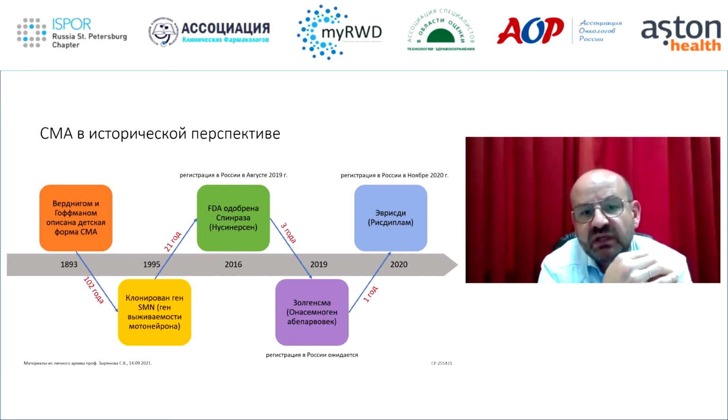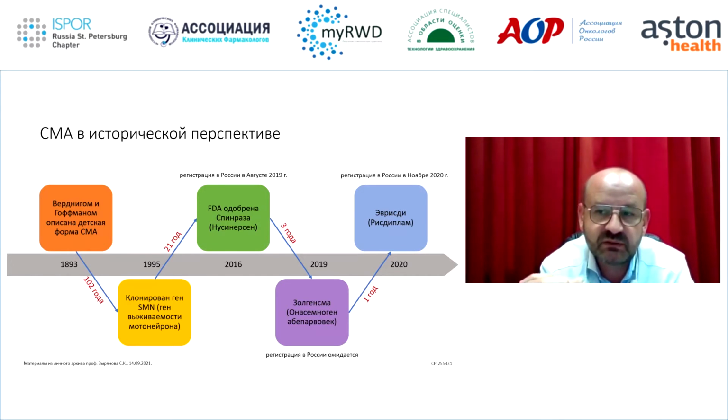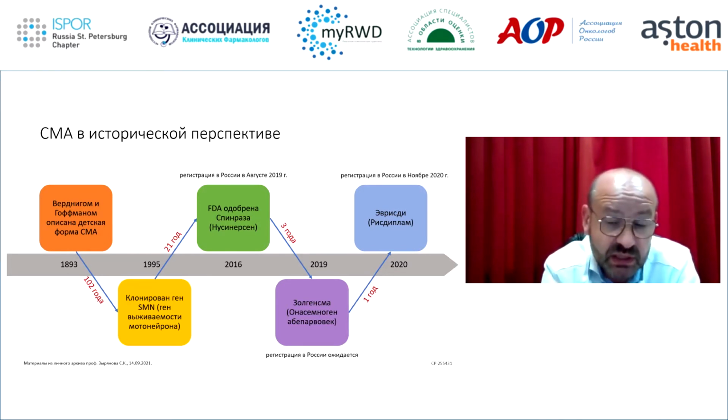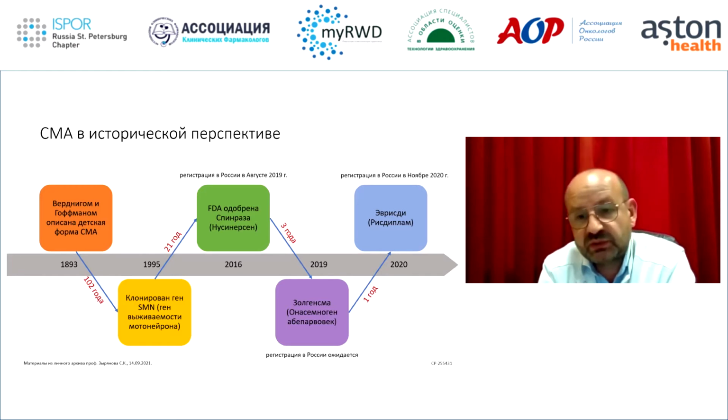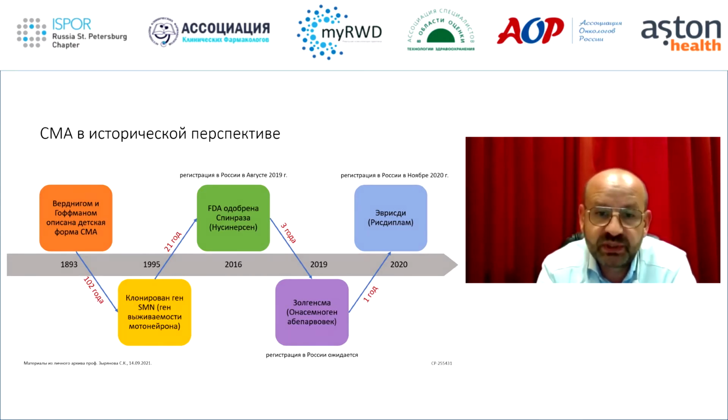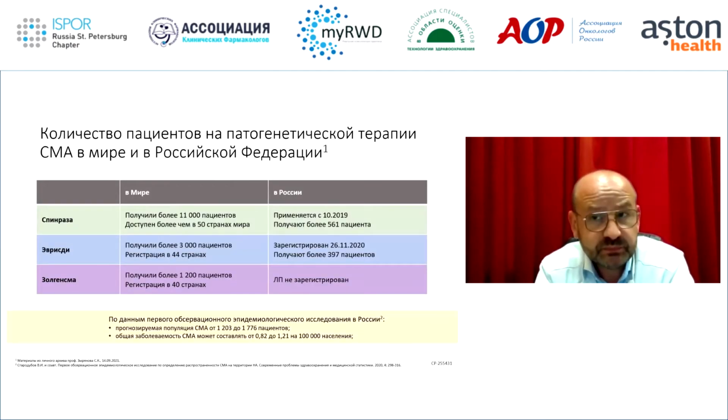This SMN gene was cloned, and as for the drugs to treat such patients, these drugs appeared on the market just several years ago, and out of these drugs, only two are approved in the Russian Federation.